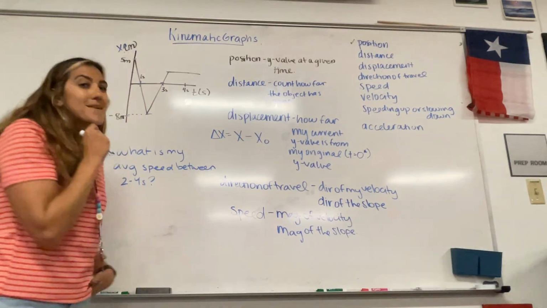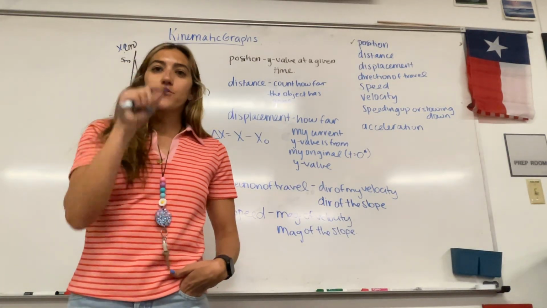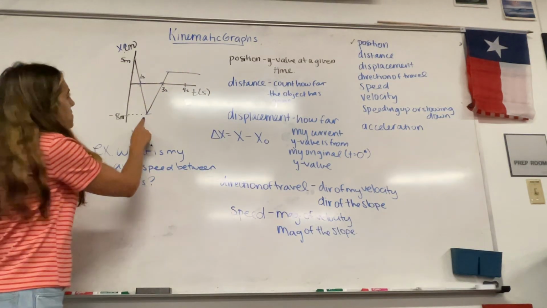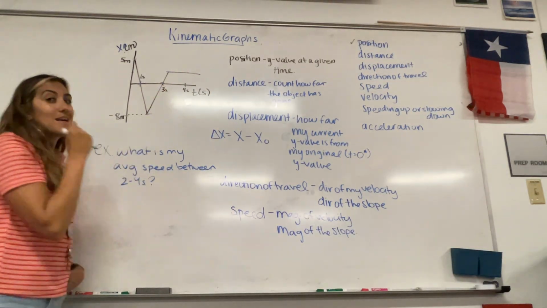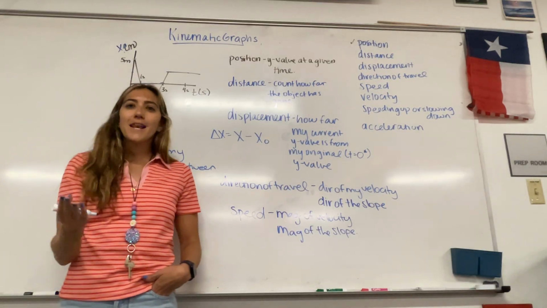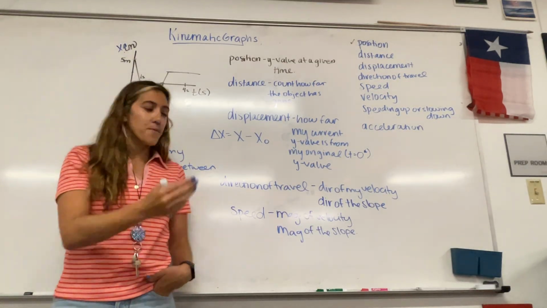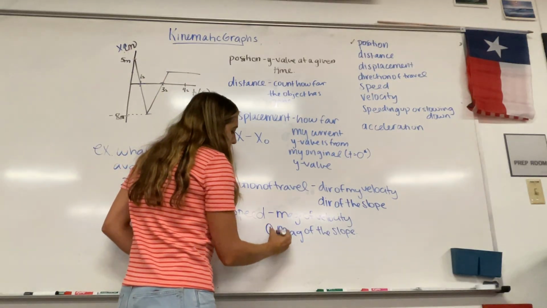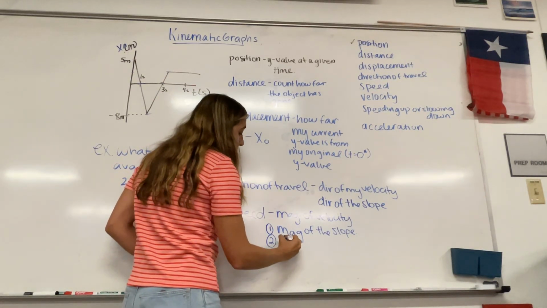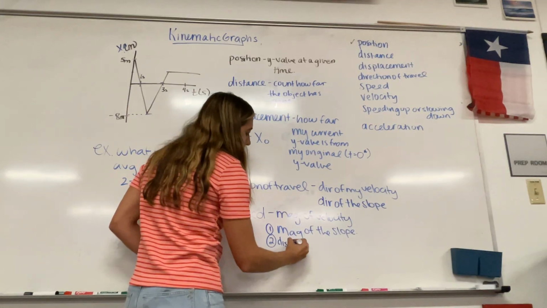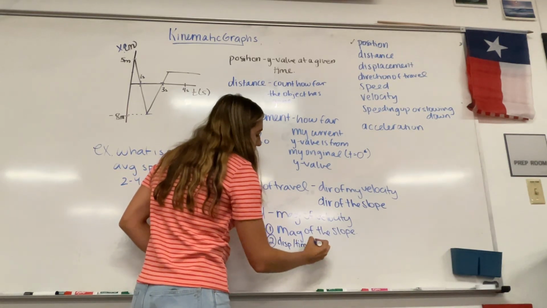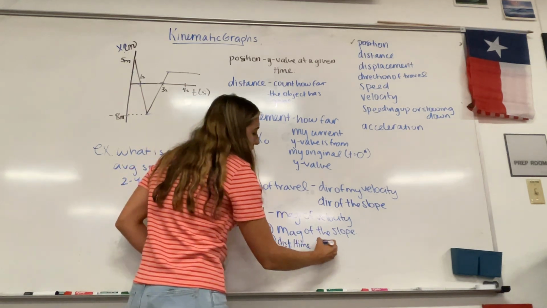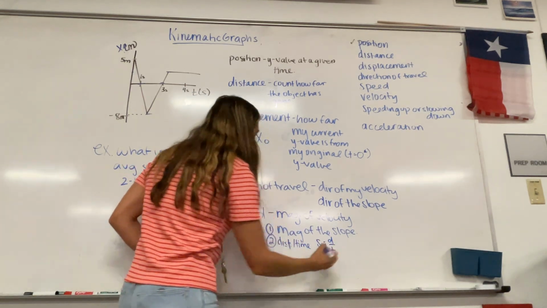Oh no, my slope changes from 3.2 seconds to 4 from what it was from 2 seconds to 3. That's a problem. So I can't actually just find the slope. What I'm actually going to have to do is displacement over time. Specifically, this is speed, so distance over time. S equals D over T.